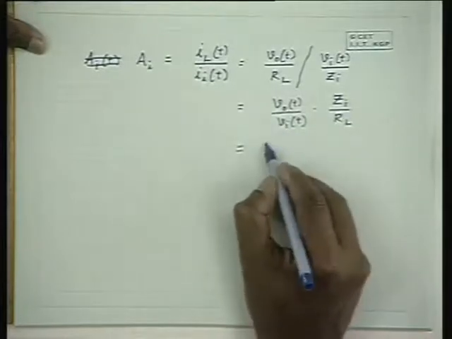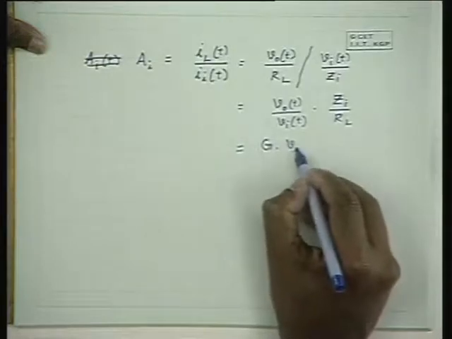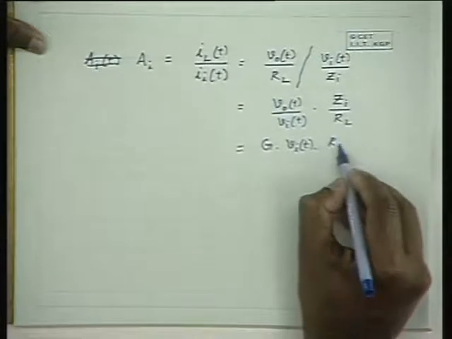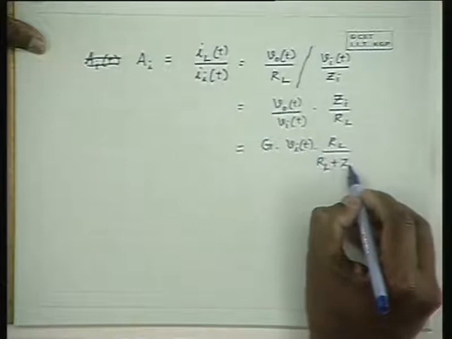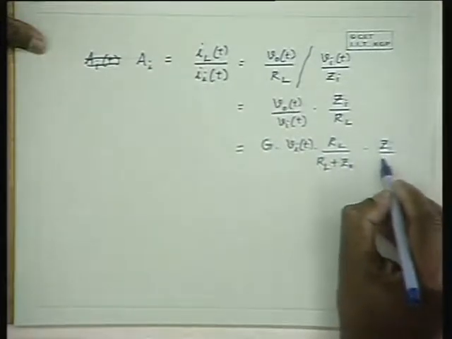That means Vo is G into Vi into how much? RL by RL plus Ro, or in general Zo into Zi by RL.